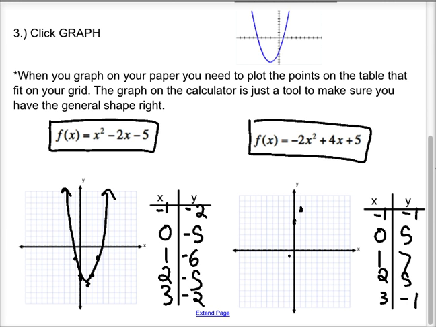And I apologize, I know my lines on here are a little bit difficult to see. 2, 5, and 3, negative 1. So there are my points, and now all I have to do is connect them to get my curve.